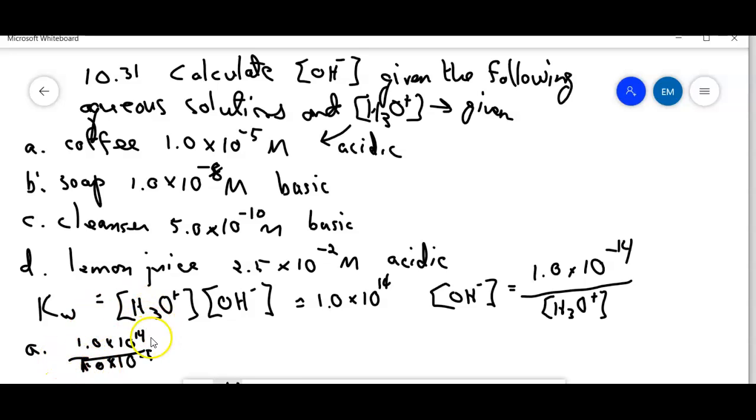That's going to be 10 to the minus 9th. So 1.0 times 10 to the minus 9th is going to equal the hydroxide concentration. Keep that in mind.